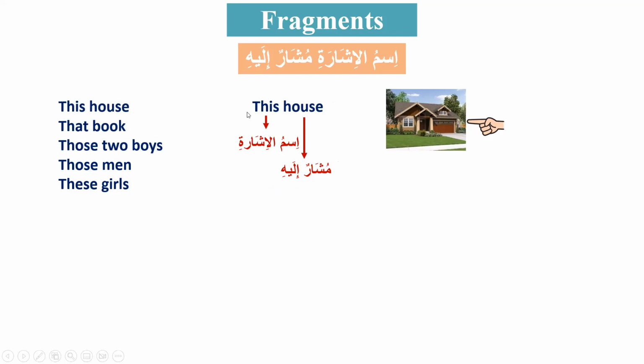And the noun used to point this, the word this, is called ismul ishara. So this is the fragment. This is ismul ishara musharun ilay. This house is a fragment, and this fragment's name is ismul ishara musharun ilay.